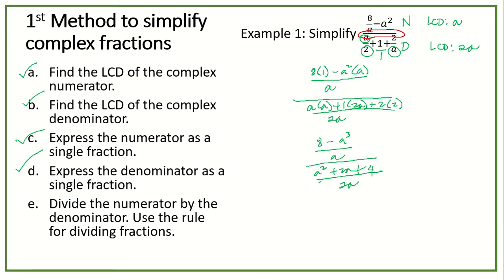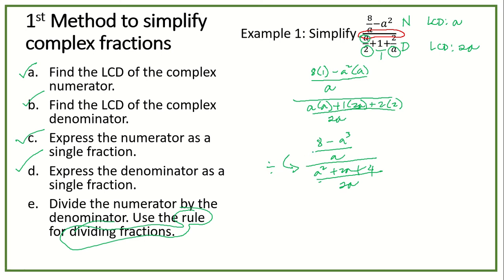Afterwards, divide the numerator by the denominator. Use the rule for dividing fractions. The keyword here is rule for dividing fractions. So, what is the rule? When this main fraction bar refers to division, what do we do?